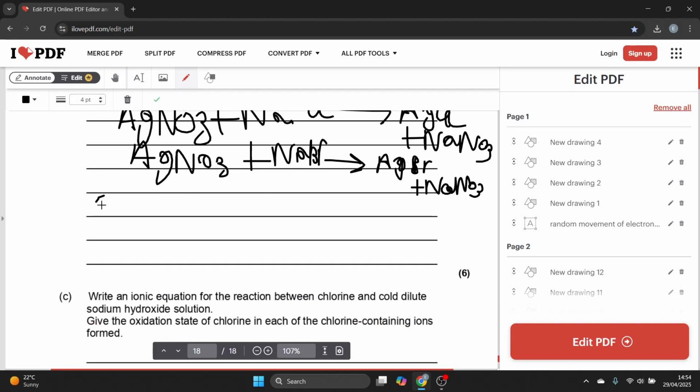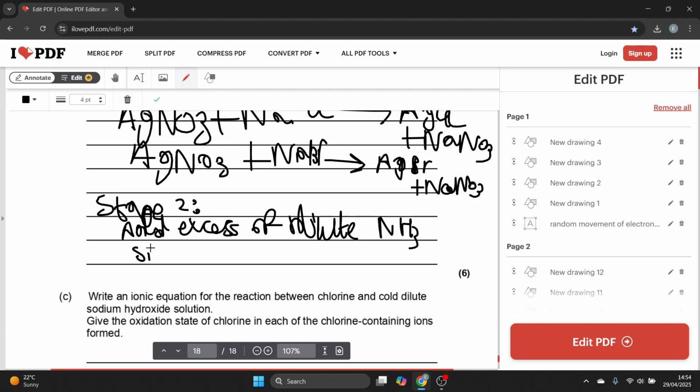And then stage 2: add excess dilute ammonia, so dilute NH3, to the mixture of precipitates.